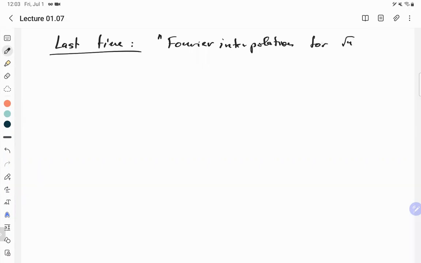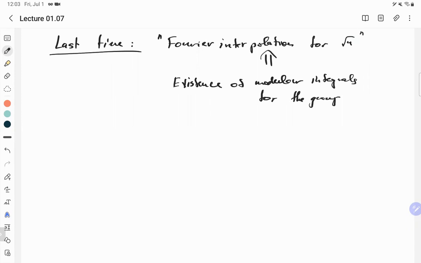Roughly, that's what the formula looks like. So you can deduce that formula if you can show existence of modular integrals for the group gamma 2, and that was basically done by a result of Knopp.